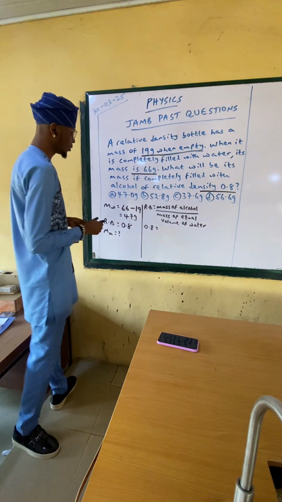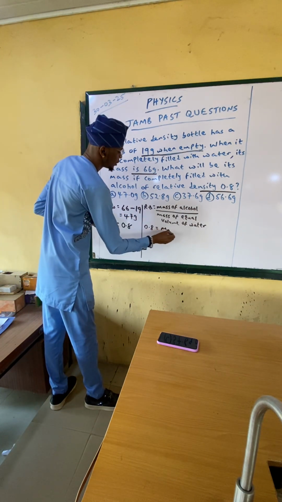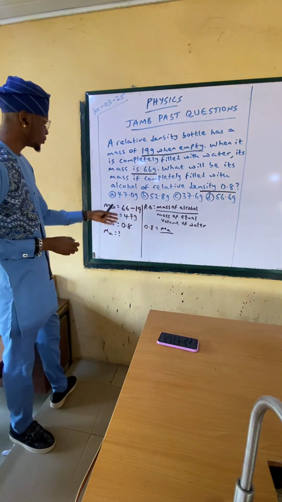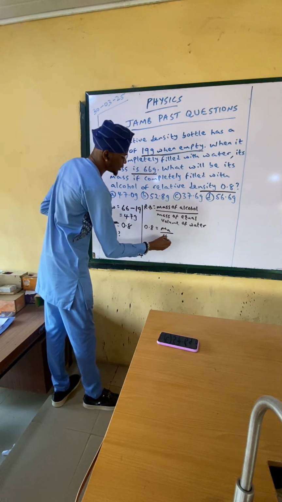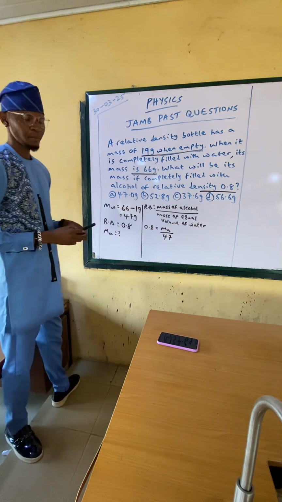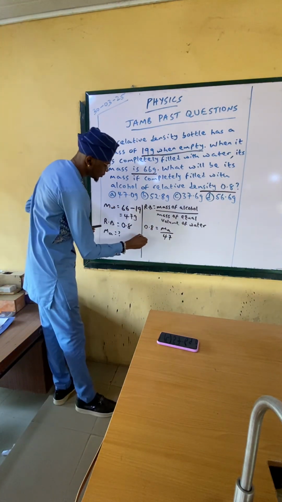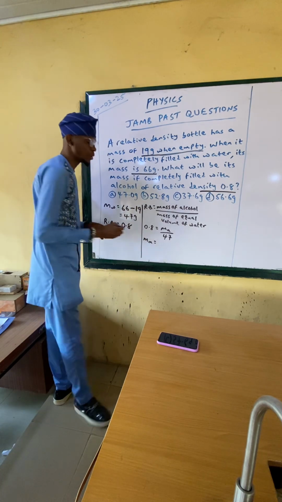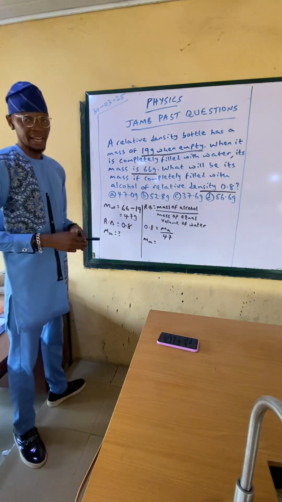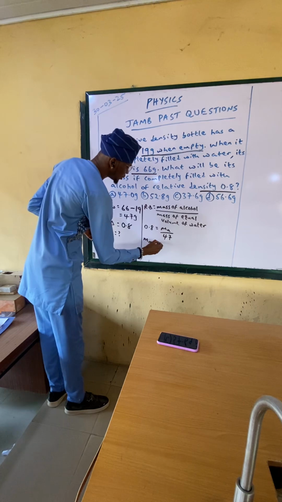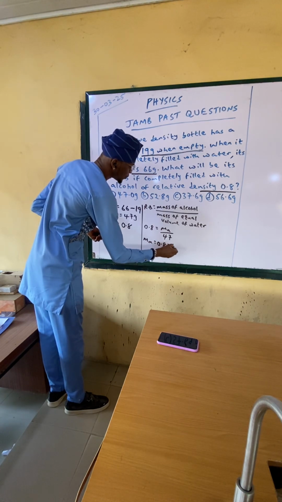The mass of alcohol we want to find first. The mass of an equal volume of water, that's 47. Now, if we want to get our mass of alcohol, we cross multiply. That would be 0.8 times 47.